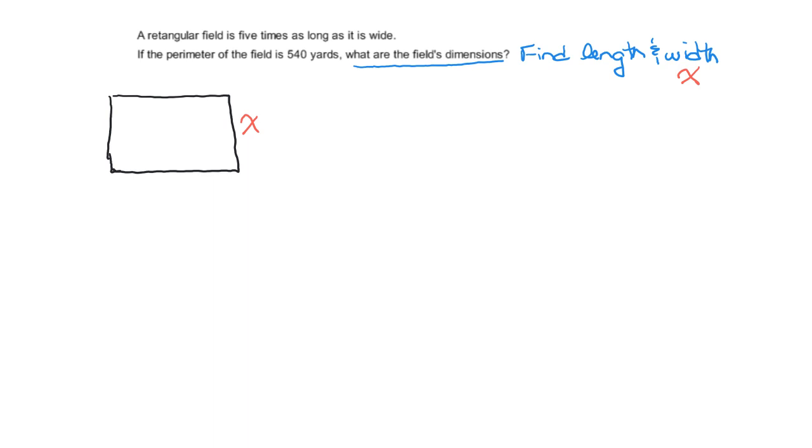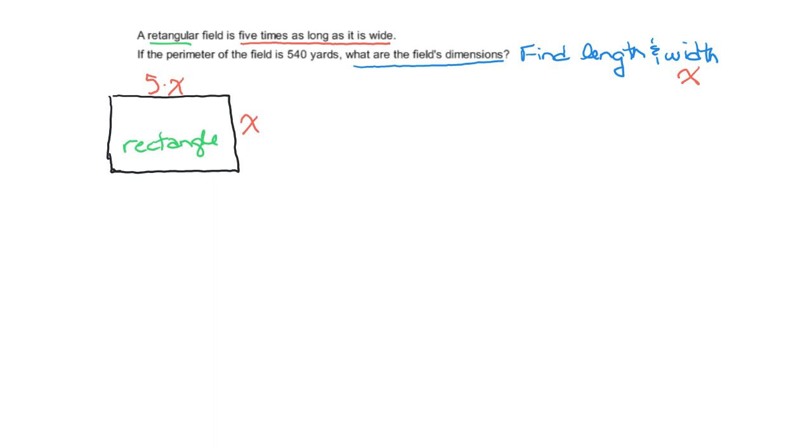Then it says that the field is 5 times as long as it is wide. So that means the length of it is 5 times the width, or 5x. Once again, we know we have a rectangle where opposite sides are of equal length.